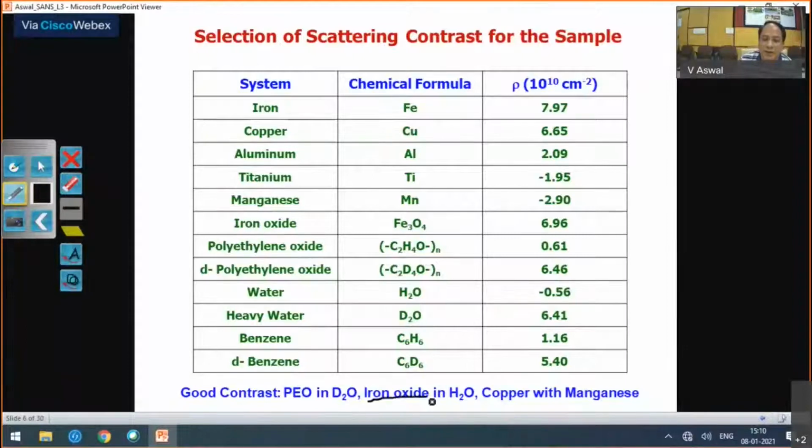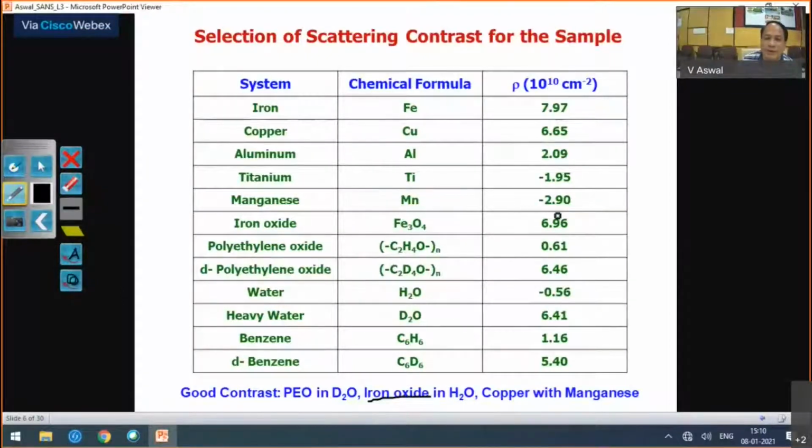Same thing for iron oxide. Iron oxide will have a scattering length density close to that of iron, so around 7. So if you prepare it in H2O, then you have a very good contrast, but not in D2O, because D2O is close to that of iron or iron oxide. And if you have, let's say, some alloys of copper with manganese, copper is 6.65 and manganese is this.